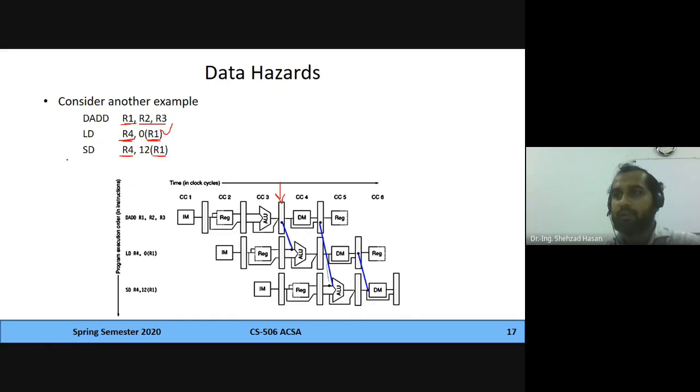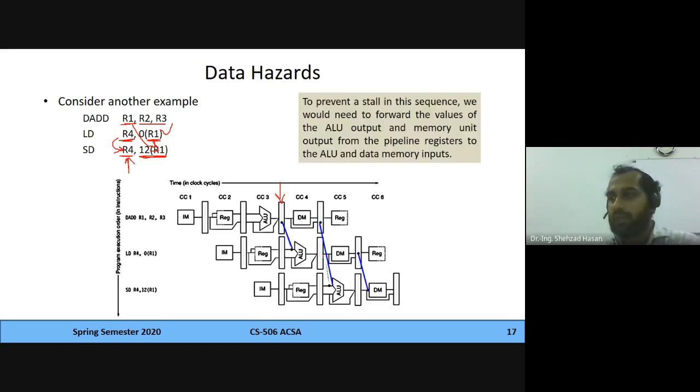Now for the store, store needs the value of R1 and the value of R4 as well, but these two are used at different points of time. In the execution stage, store needs just R1, and in the memory stage store needs the value of R4.